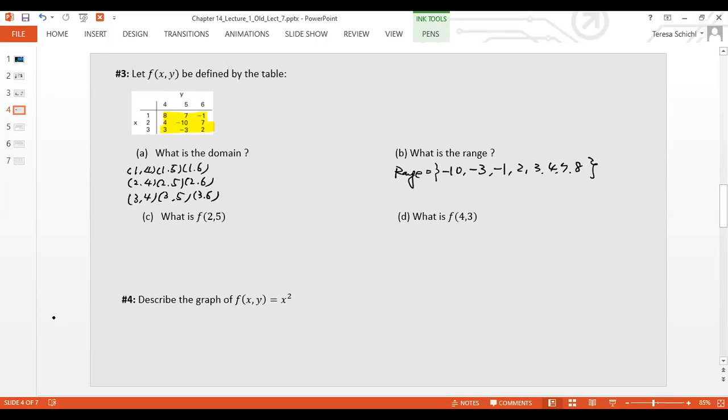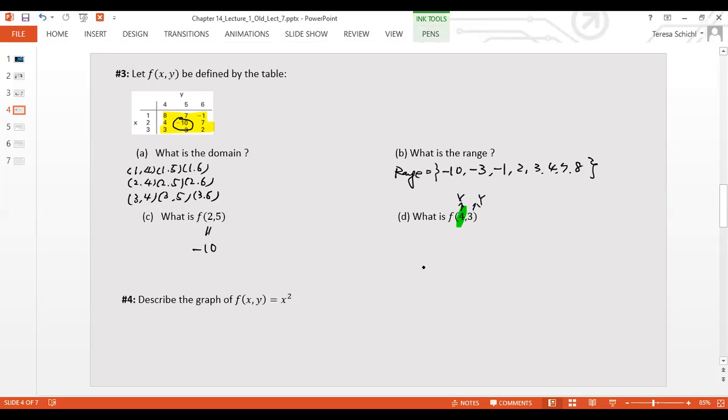Now the next thing, they ask, what is f of 2, 5? Okay, 2, 5 is this entry, so f of 2, 5, I know this is -10. It's pretty simple. What is f of 4, 3? Okay, that means x equals 4, y equals 3. This pair 4, 3 does not exist.